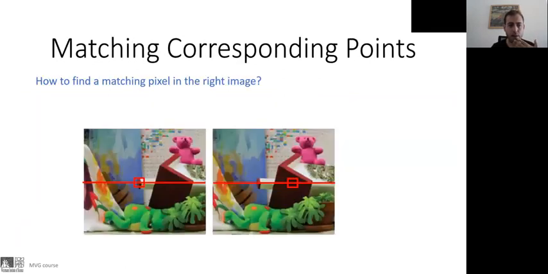So our task is basically, for each pixel in the left image, to find the corresponding pixel in the right image from different disparities. Each disparity defines a corresponding point in the right image, and what we need to do is find the disparity that gives us the corresponding pixel. So we need some metric to find corresponding pixels according to disparities.